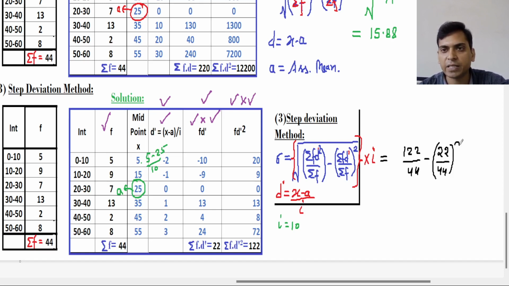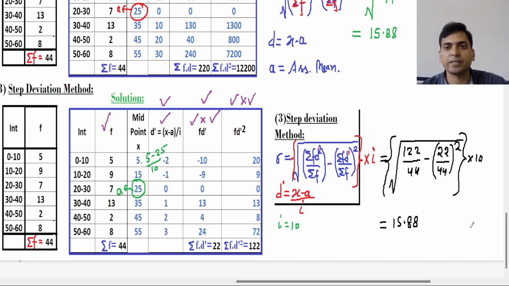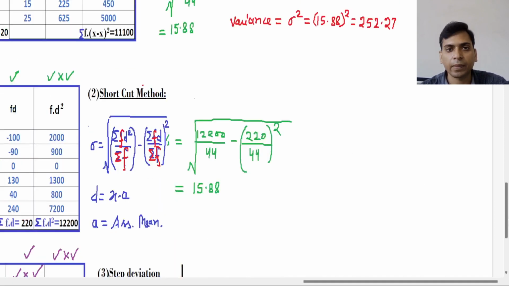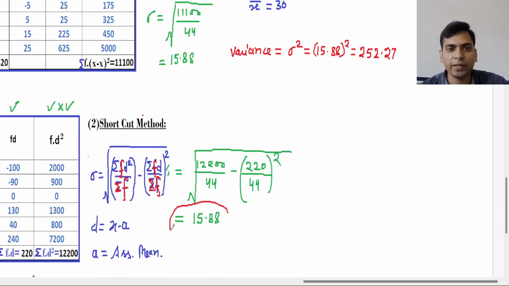Then we will find their squares, and then we will find their under roots, and this complete term is multiplied by I. So again you will see the same answer, which is 15.88. So you will see from all these methods you will get the same answer, 15.88. And the first method, the direct method, also gives 15.88.